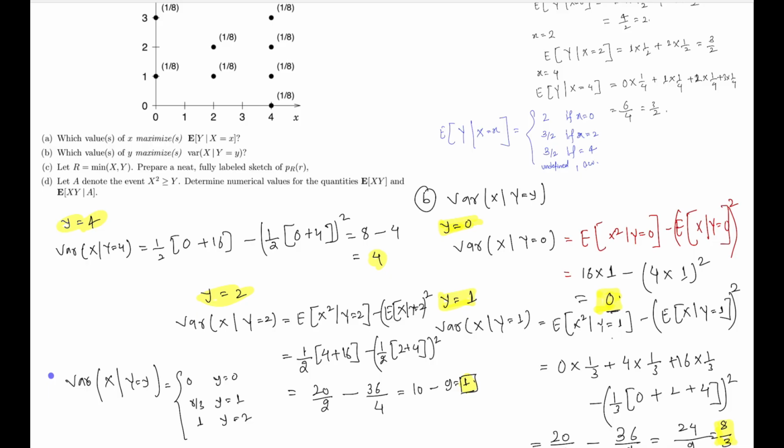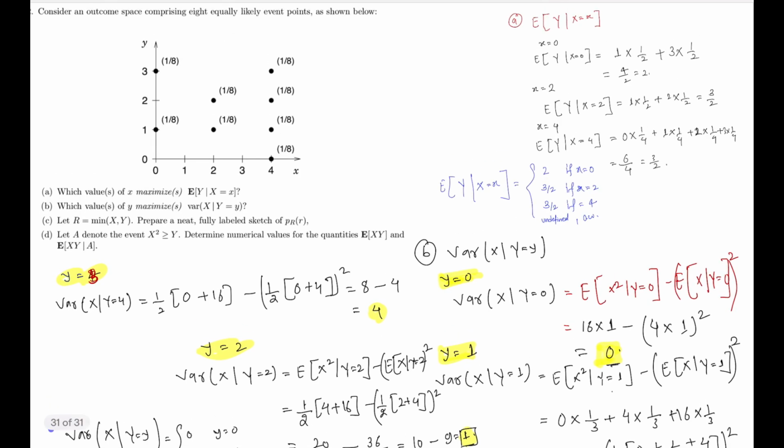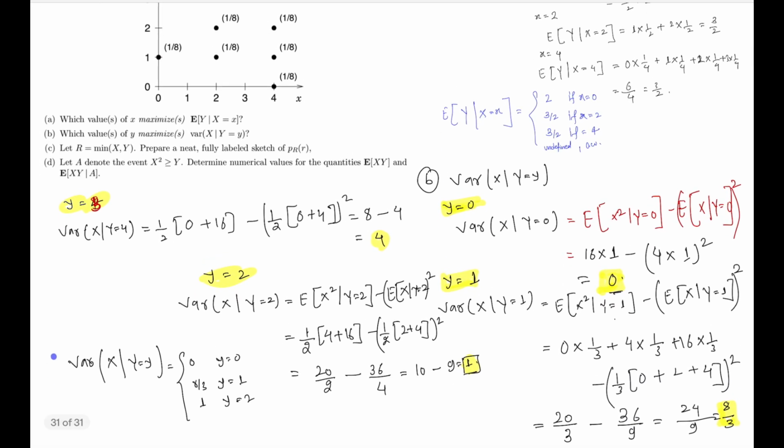Random variable y takes the value 3 because random variable y cannot take the value 4, right? So let me erase this one so that we are good. It takes the value 3.